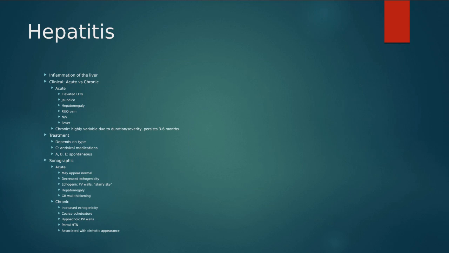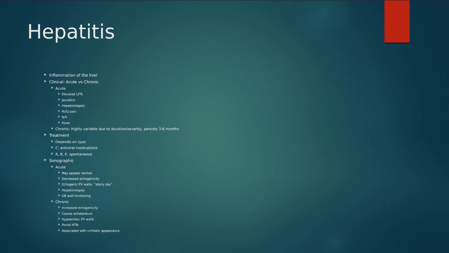Treatments for hepatitis in general are really going to depend on the type. So we categorize hepatitis, yes, into acute and chronic, but we also categorize it on the type of hepatitis, meaning how did this patient get this inflammation? We commonly hear of types A and C, we hear of types B and C, but we also have A and E types.